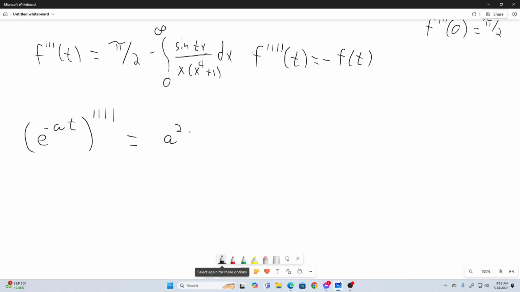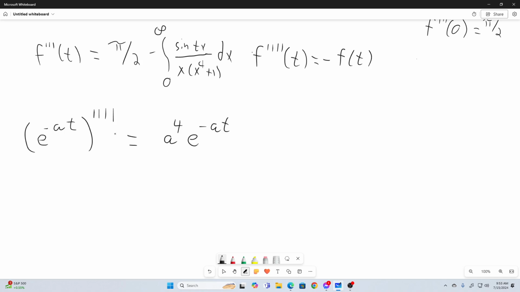And then if we took another derivative, we'd get negative a cubed. And if we took one more derivative, we'd get positive a to the 4th. All right. So we would get a to the 4th e to the negative at, right? If we took 4 derivatives of that.